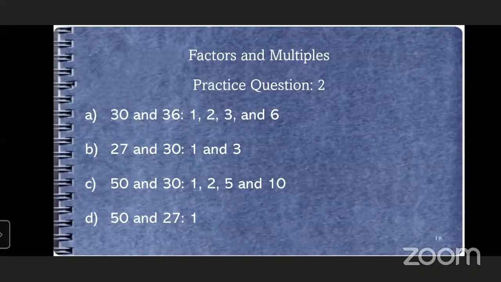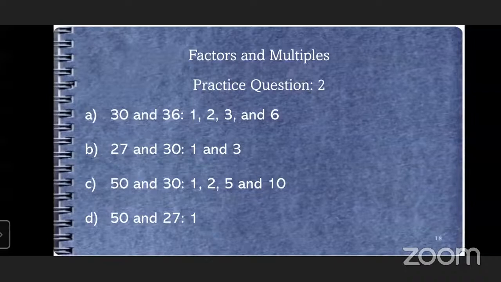Now, 50 and 30. 1, 2, 5 and 10. Means 2, 5 and 10 can exactly divide these two numbers. Now, if we look at 50, 10, 25 is also there and 50 is also there, but we cannot divide 30 by 25 and 50.